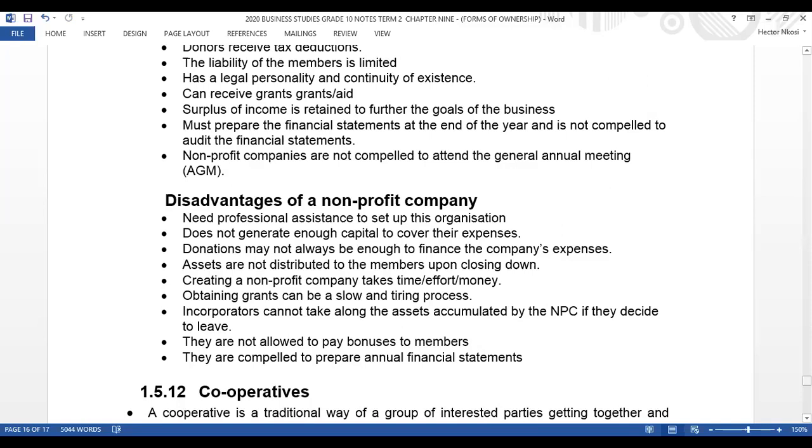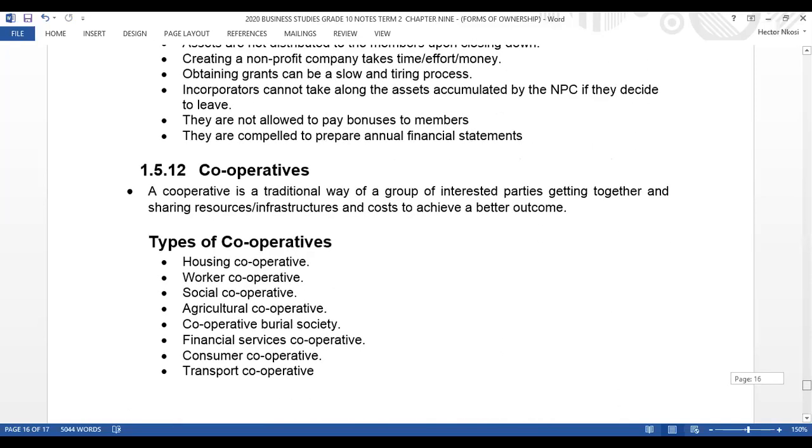All right. Now let's look at another form of ownership, the last one for today: your cooperatives. What are cooperatives, boys and girls? A cooperative is a traditional way of a group of interested parties getting together, sharing resources, infrastructure and costs to achieve a better outcome.